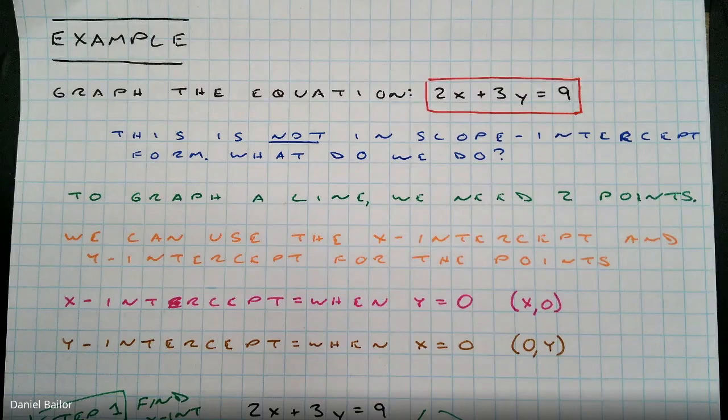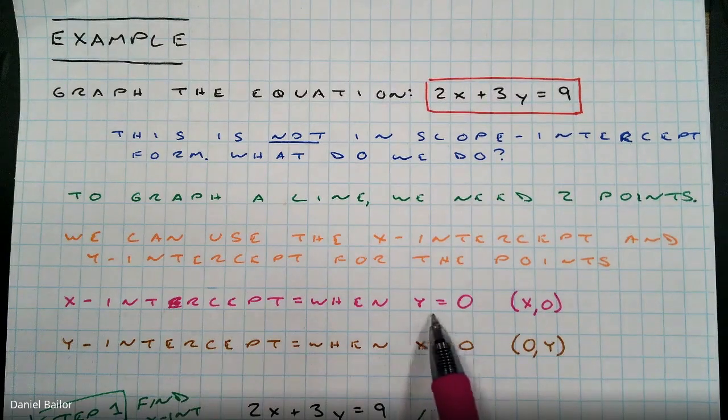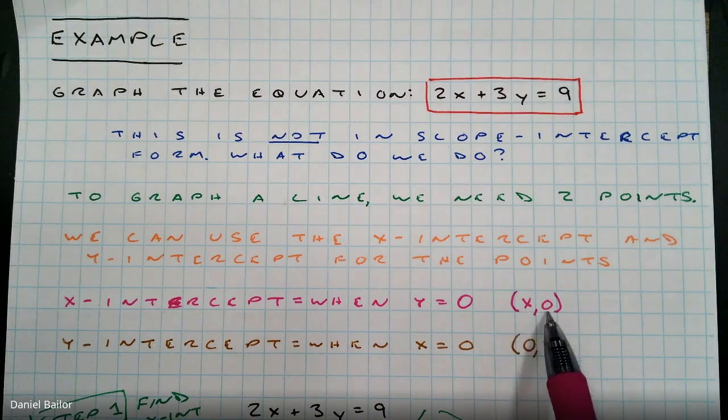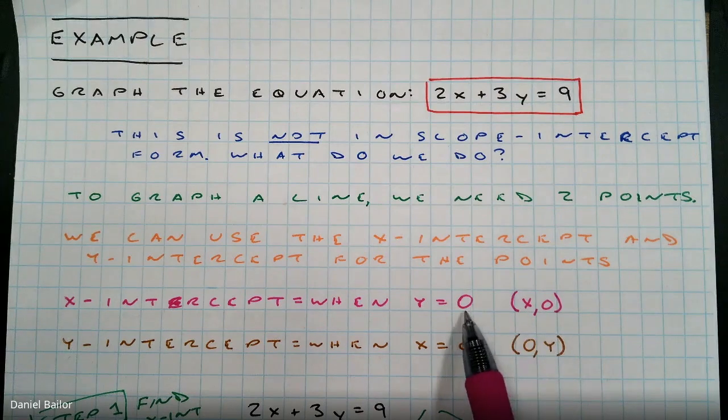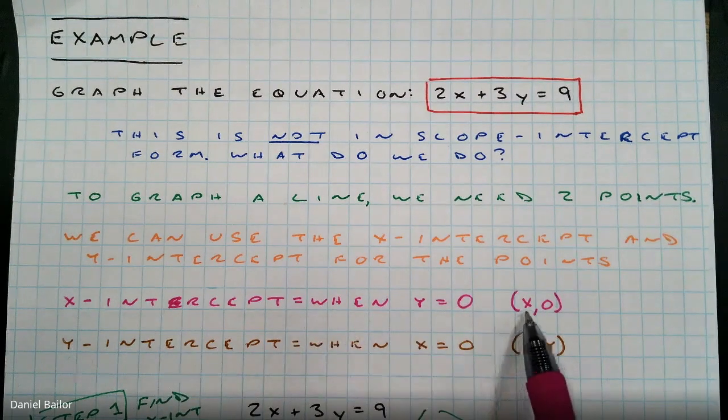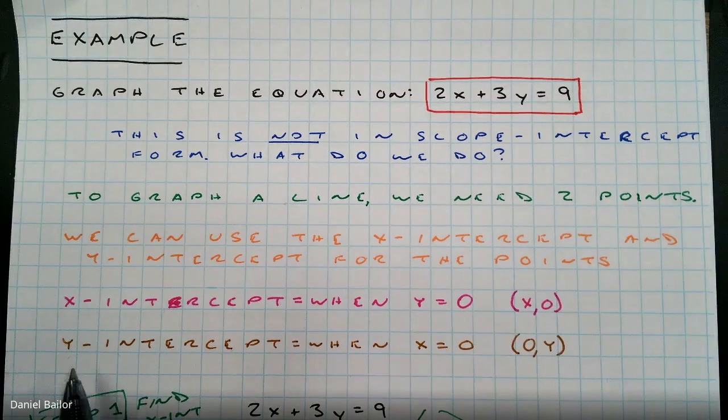The x-intercept is when y is 0. It hits the x-axis when y is 0. So the x-intercept is the point (number, 0). The y-intercept is when x is 0. So this is the definition of the intercept.